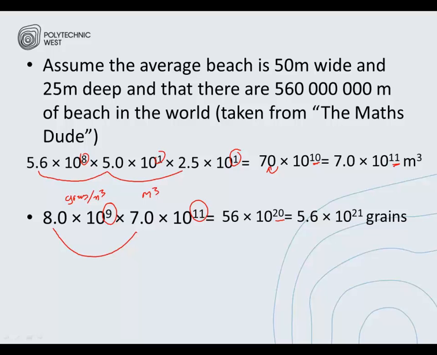We shift it one more across and make that 5.6 times 10 to the 21. That's where scientific notation becomes really useful. A lot of sums become really, really easy. And that's the end of that.